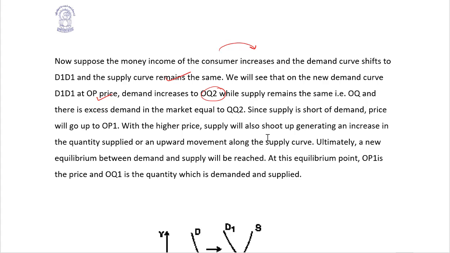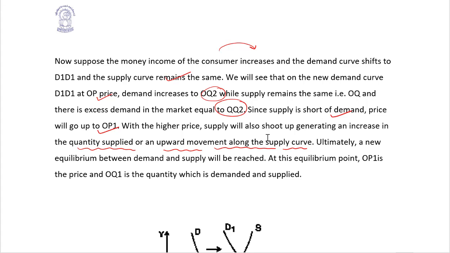There is an excess demand in the market equal to QQ2. Since supply is short of demand, price will shoot up to OP1. With the higher price, the supply will also increase, generating an increase in the quantity supplied in the market and an upward movement along the supply curve.